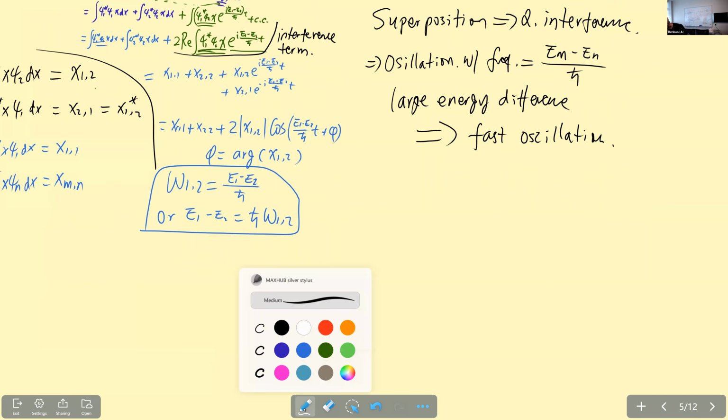And there's also another interesting thing. You know that if you have this kind of oscillation, this will cause the radiation of an electromagnetic wave, right?